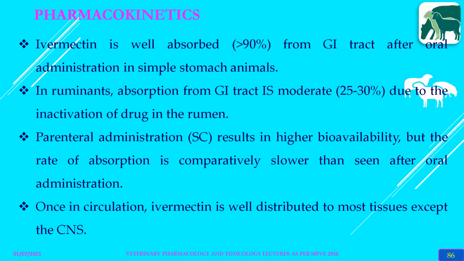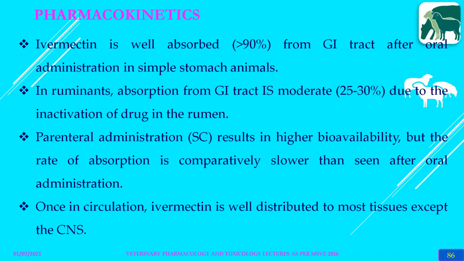Then coming to the kinetics, ivermectin is very well absorbed, more than 90% from the GI tract after oral administration in simple-stomached animals. Whereas in ruminants, it is moderate, only 25 to 30%, due to the inactivation of the drug in the rumen.